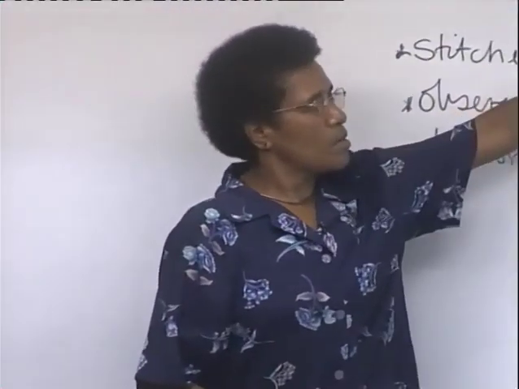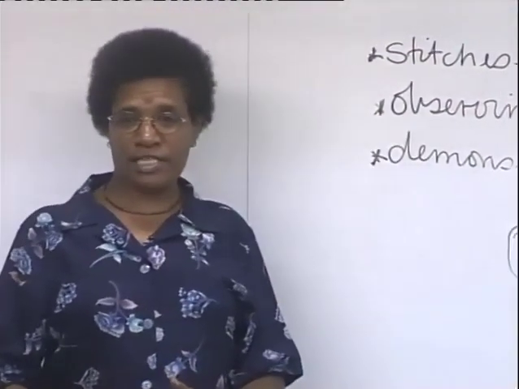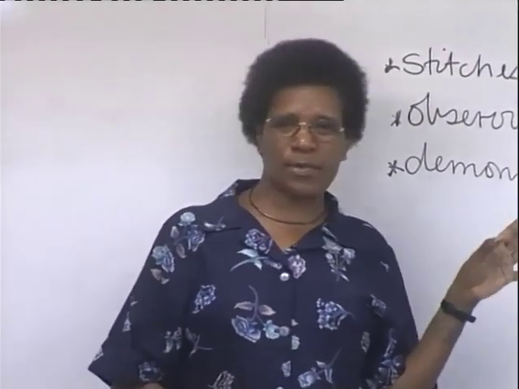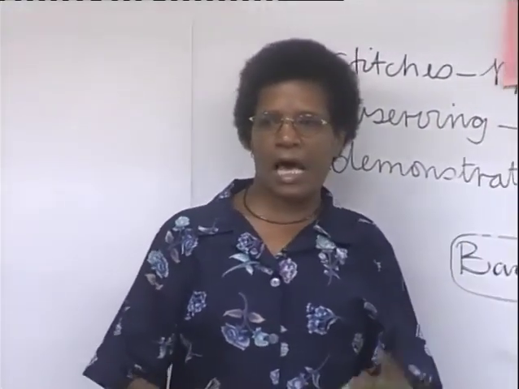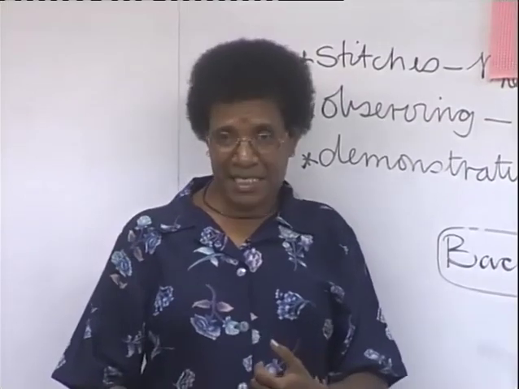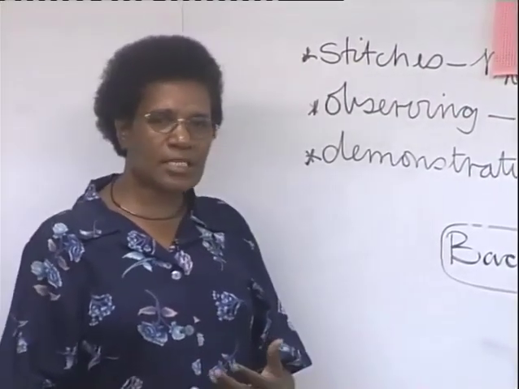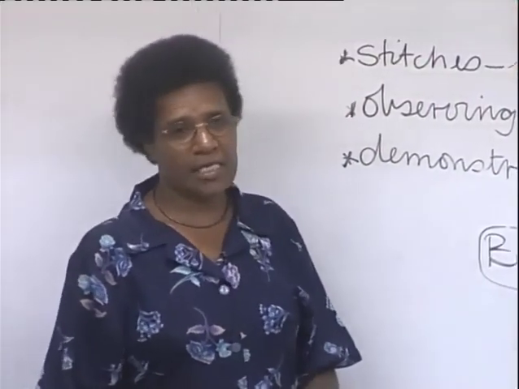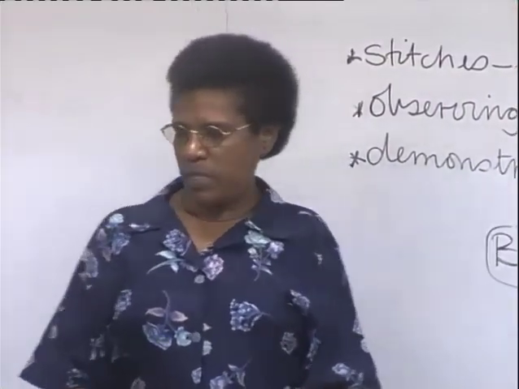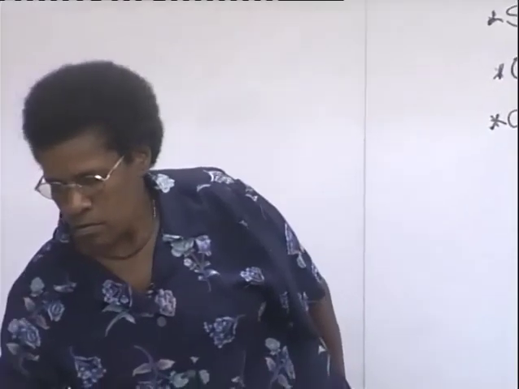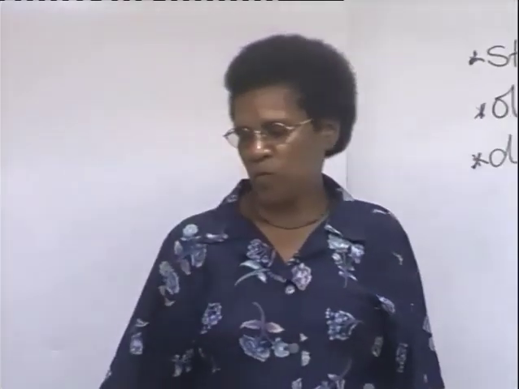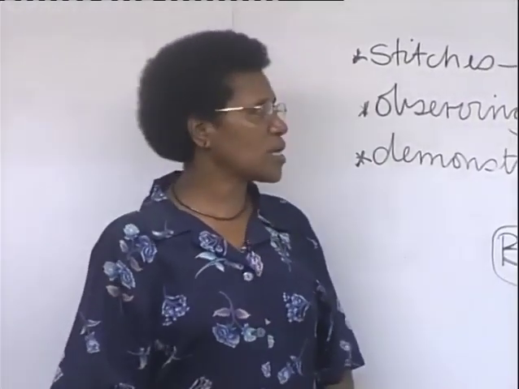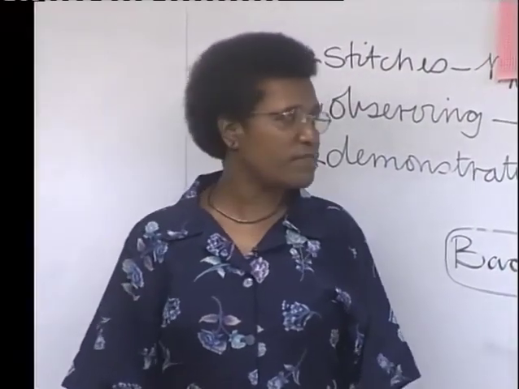Okay, now we have about 3 activities to do. You have just watched the demonstration on how to sew the back stitch, one of the stitches that we will be using in sewing the pillowcase. I'd like all of us to read together what it says for the first activity.